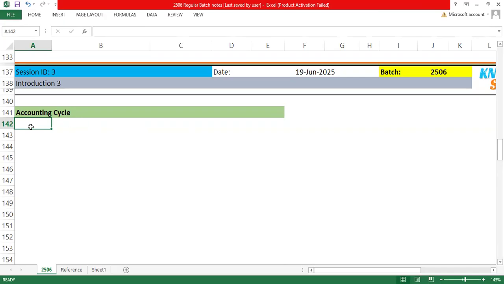Now let us understand some of the transactions. Consider your own business or assume any other business. Let's say you are starting a fresh business. What are the activities that we perform in a business? Let us understand those activities and try to convert them into financial transactions wherever they are applicable.